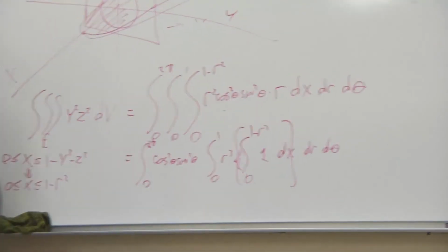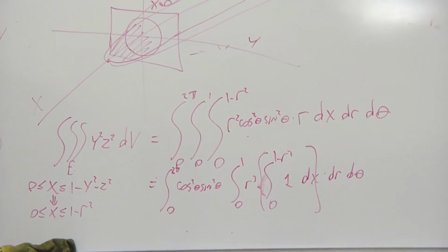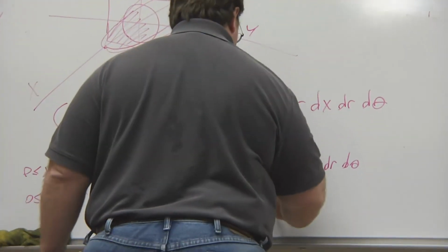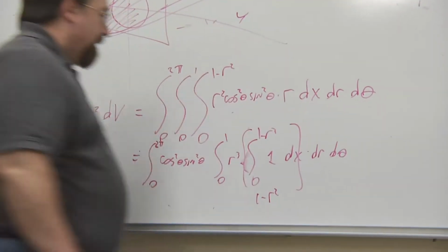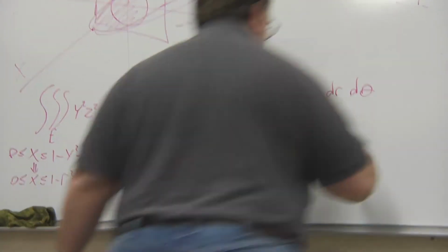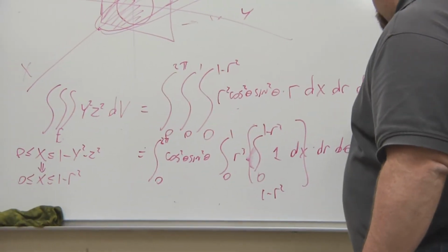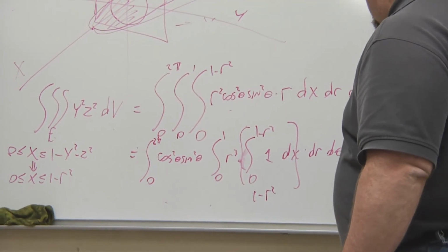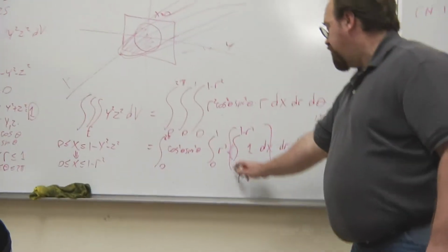So your first integral, because there's nothing involving x, that's going to be particularly easy. You just take the difference of the limits. So this turns out to be 1 minus r squared. So now, you're going to integrate r cubed times this.